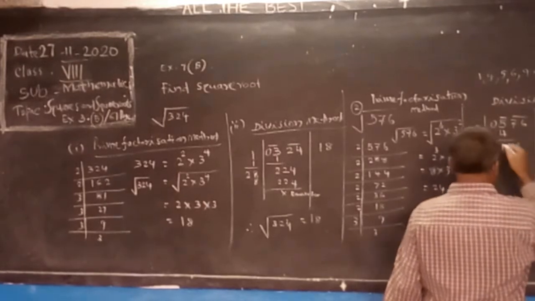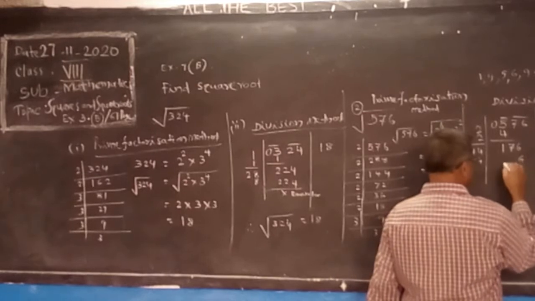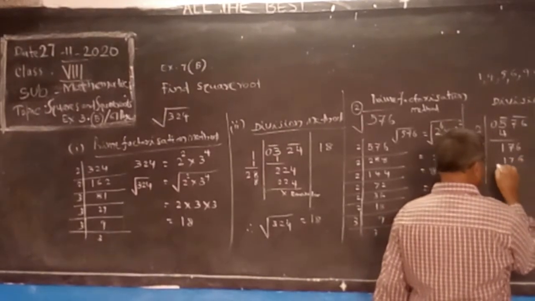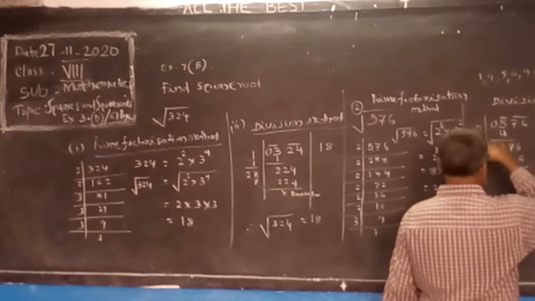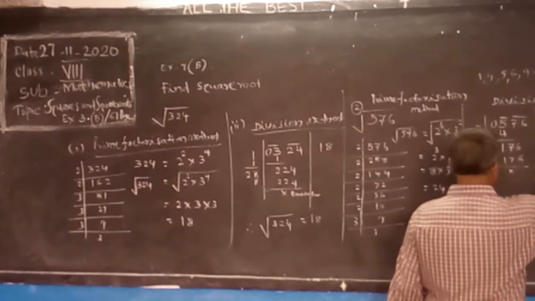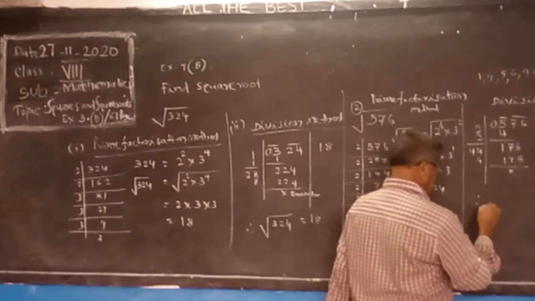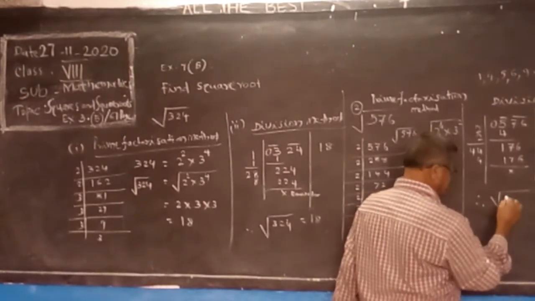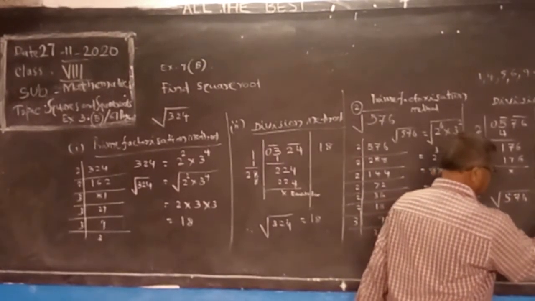It is possible from 4 only. 4 fours are 16, remainder 0. So from the first pair we get 2, from the second pair we get 4. Therefore, the square root of 576 is equal to 24.